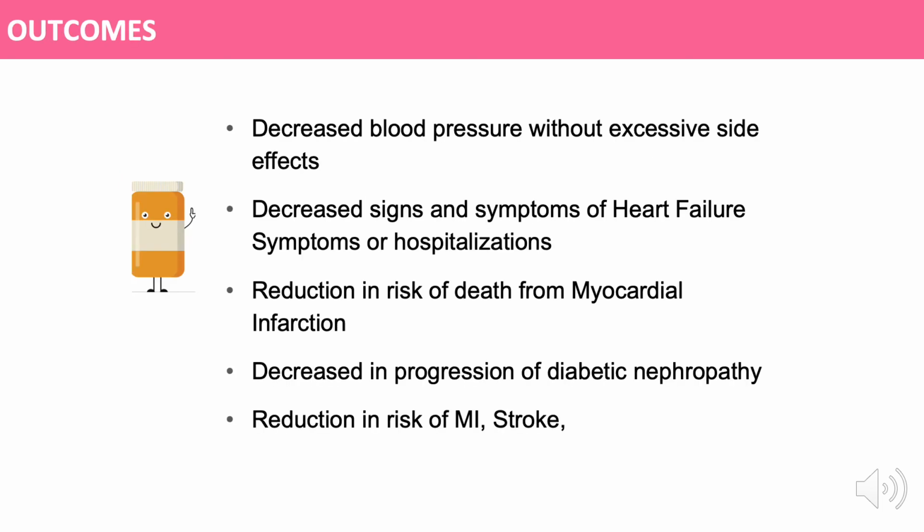O is for outcomes. In this case, we are talking about hypertension. So we're going to be sure a patient is responding by seeing a decrease in blood pressure. And we want to be sure that this decrease in blood pressure comes without excessive side effects.